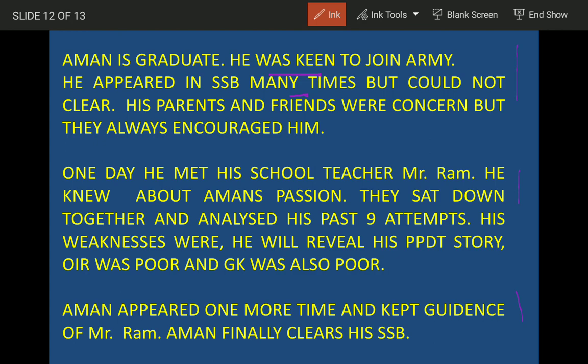So his friends and relatives were very concerned, but they were always encouraging him because they knew that he'll make it. One day he met his school teacher, Mr. Ram. He knew that Aman is quite passionate about joining army, but he is not able to succeed. So they sat down together and they discussed the whole thing. Now you'll say that this is unrealistic, but when you are struggling with some issues, you cannot visualize the problem yourself.